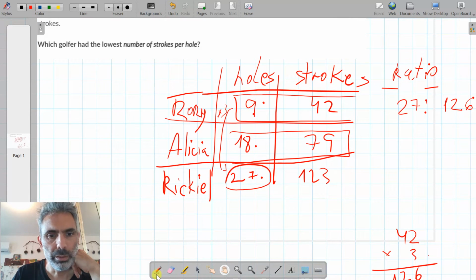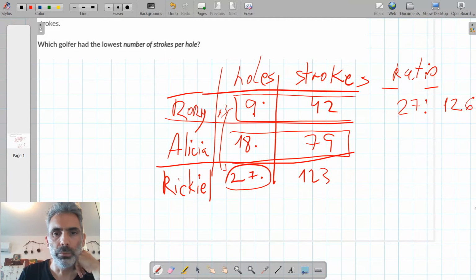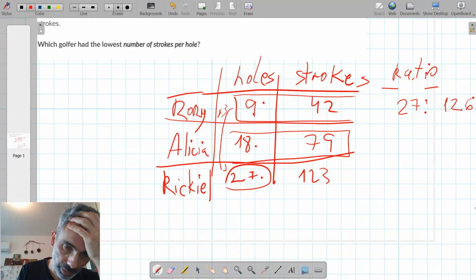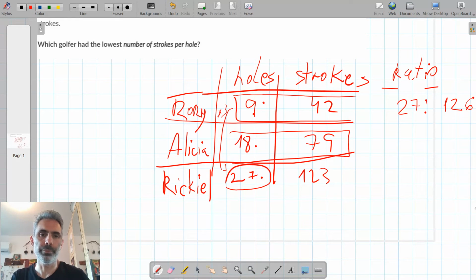Okay, now let's calculate Alicia's ratio. So to go from 18 to 27, I need to multiply 18 by 1.5.